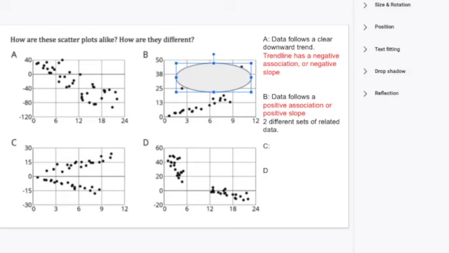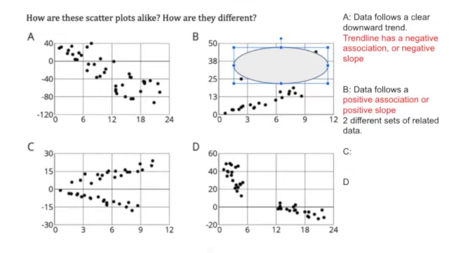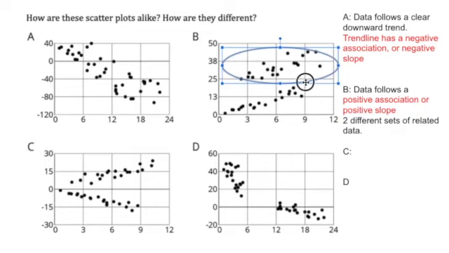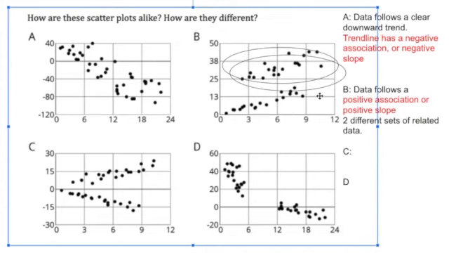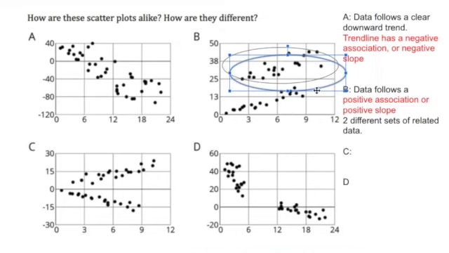There could be something else affecting this relationship that makes one set of data here and another set of data down below. So maybe there's something else we could consider here.